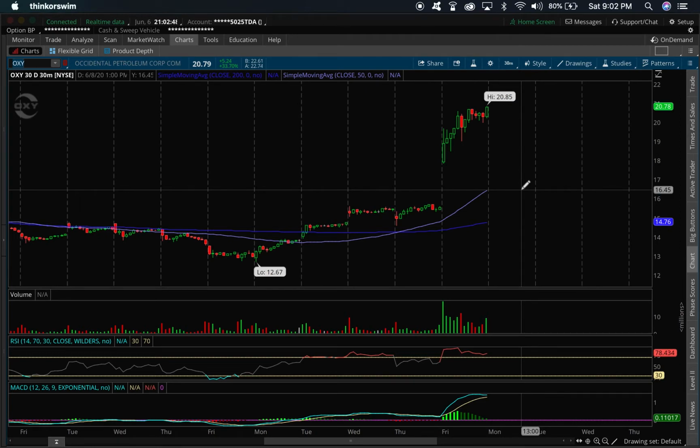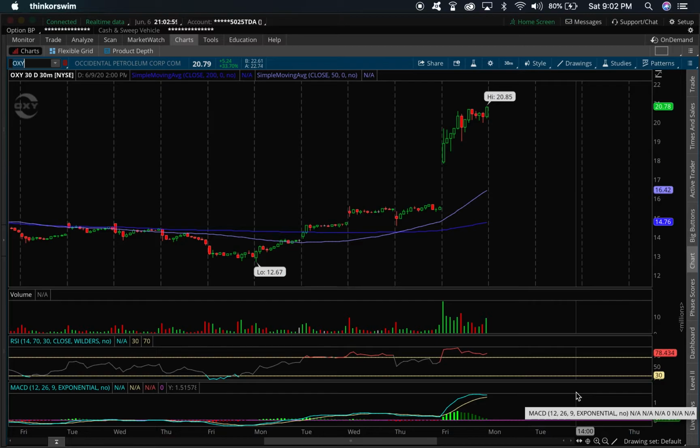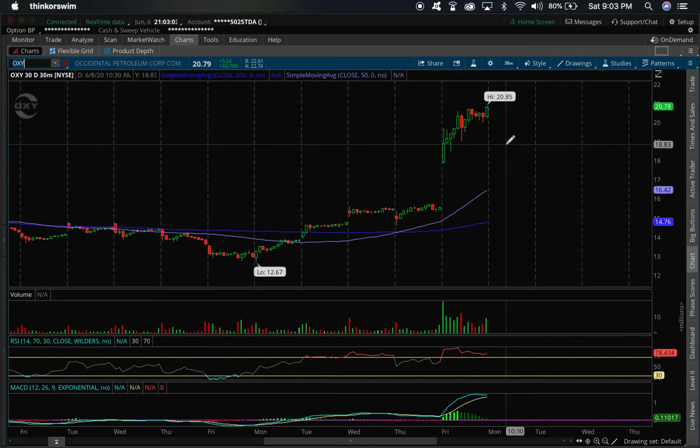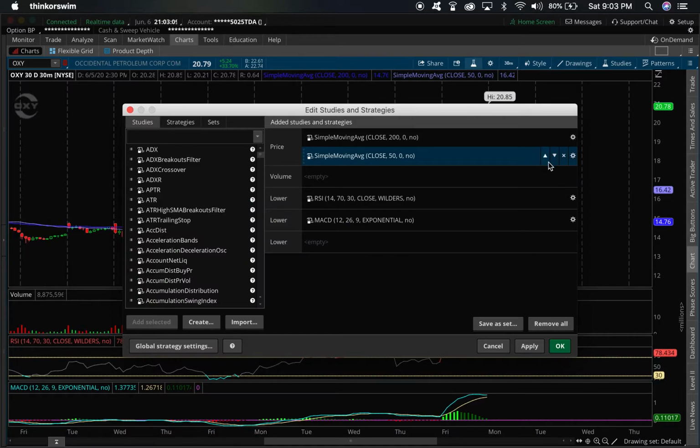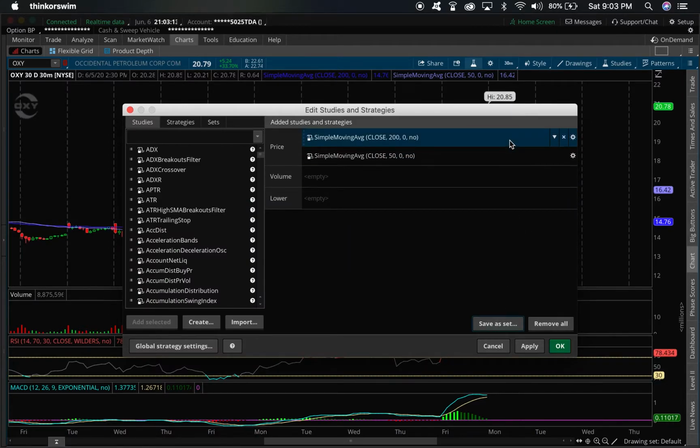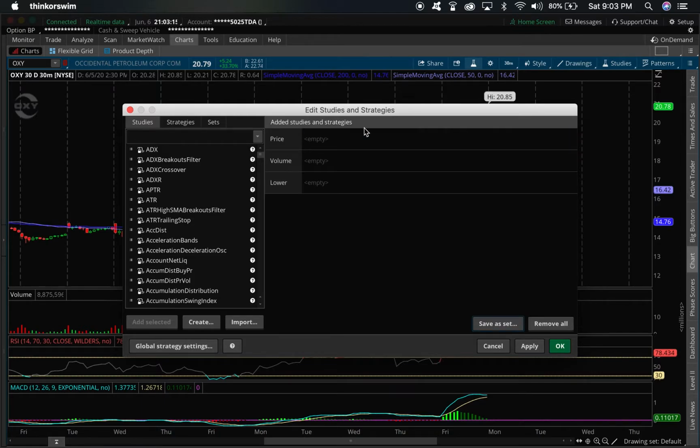All right, as far as the way TradeShark has his setup, I don't think he uses the MACD. I think he uses stochastics and the RSI. So I'm going to show you the way he's got his moving averages set up. I'm going to take off all this stuff at the bottom so the chart looks cleaner, and get rid of these simple moving averages.